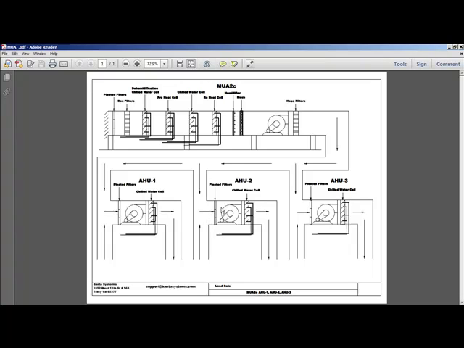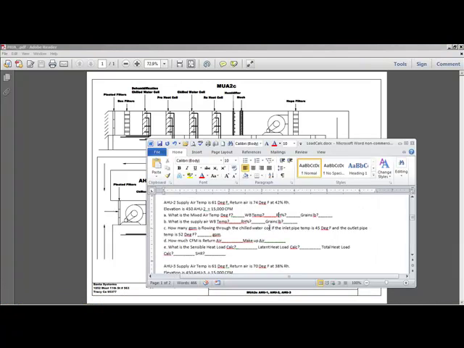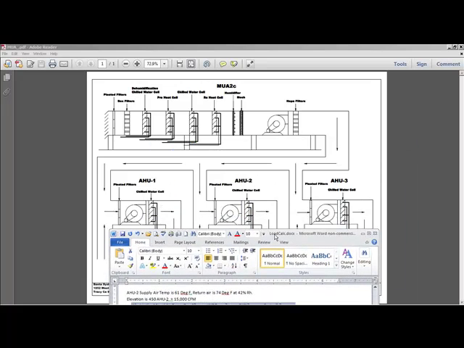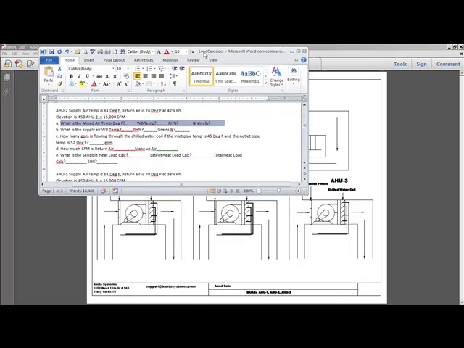What is our mixed air temperature? And what else are we looking for? We're looking for the mixed air temperature, the wet bulb, relative humidity, grains of moisture. We want to know what we have coming in here. And then we want to know what is our supply wet bulb, RH, and grains of moisture that we're delivering into this lab.